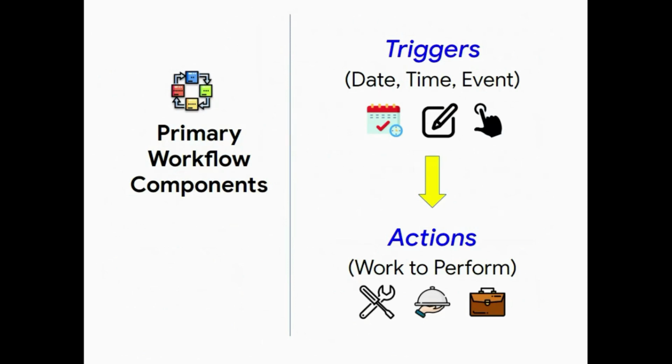A time trigger would be something that needs to happen at a particular hour every day. And an event-based trigger can be something as simple as selecting a menu option from a Google Sheet or submitting a Google form, both of which we'll see in our workflow example today.